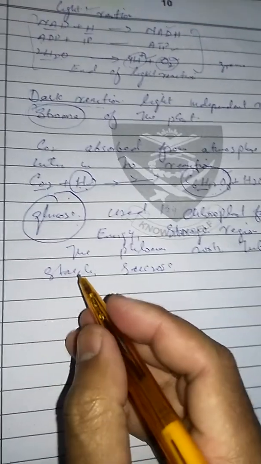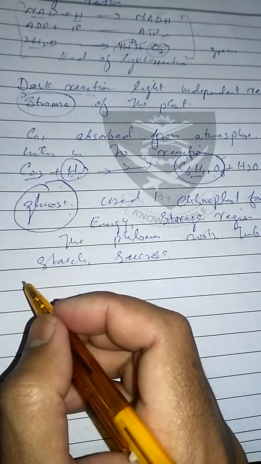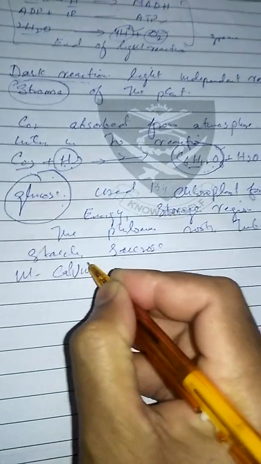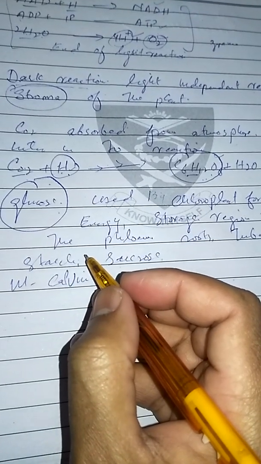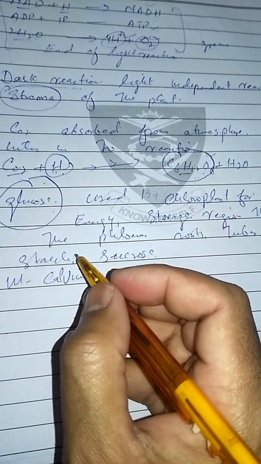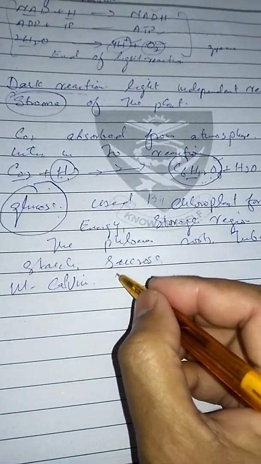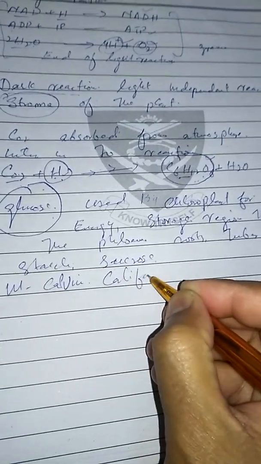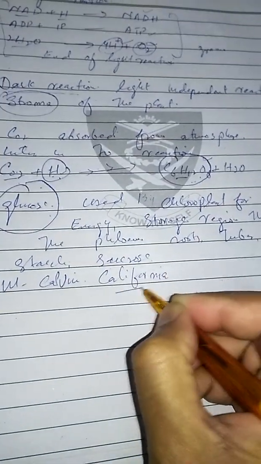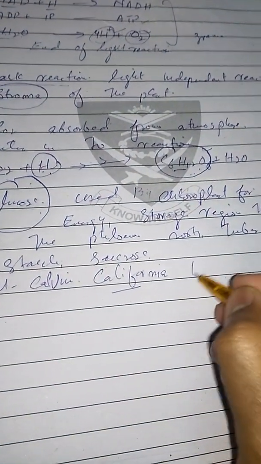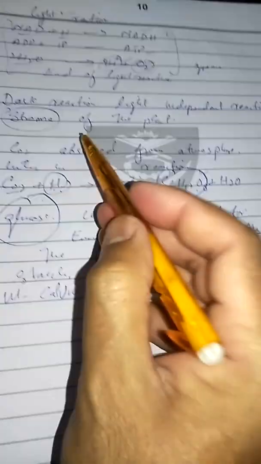This dark reaction was for the first time explained by Melvin Calvin. Melvin Calvin was an American physiologist at the University of California, and he got the Nobel Prize in 1961 for this achievement, for explaining this dark reaction.